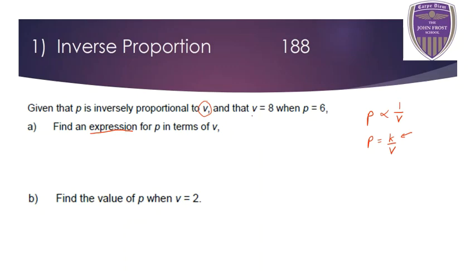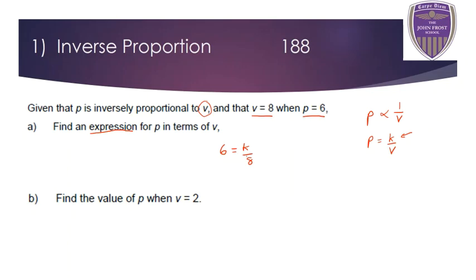What other information are we being given here? Well, we're being told that V is equal to 8 when P is equal to 6. So we can now substitute those values in for V and for P into this expression. We will end up with 6 equal to K over 8.